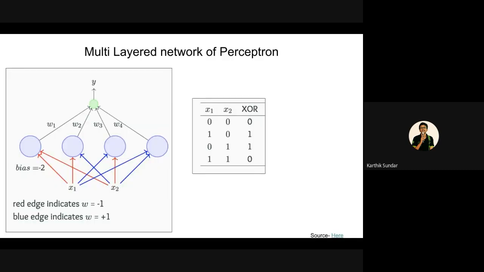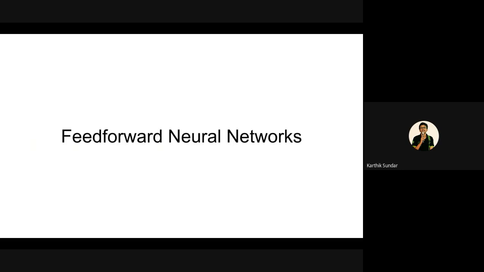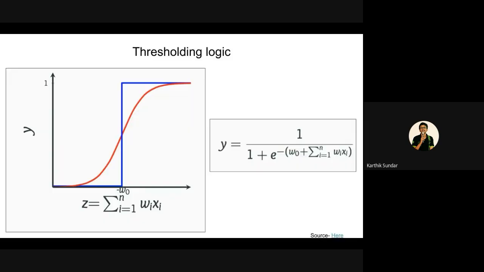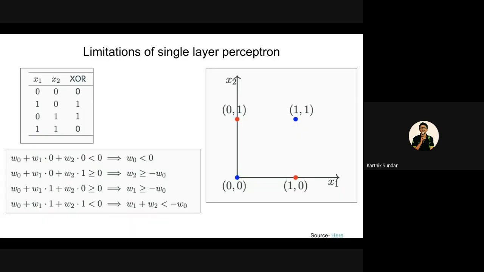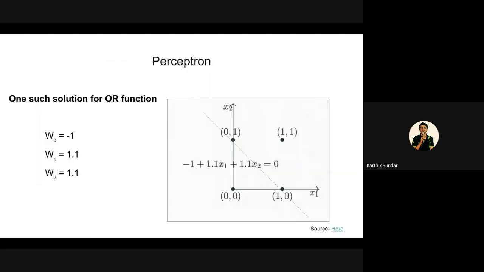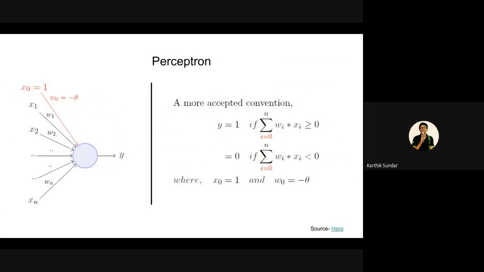And then from this multi-layer network of perceptrons, we moved on to feed-forward neural networks. There is one problem with the perceptron. So what actually happens is, if sigma WiXi is greater than the threshold, then it is 0, or else it is 1.